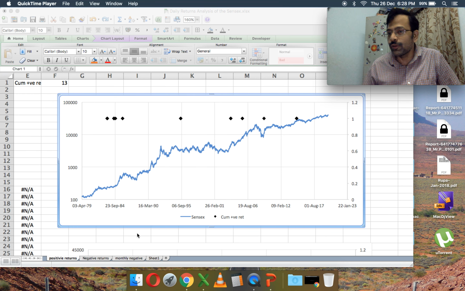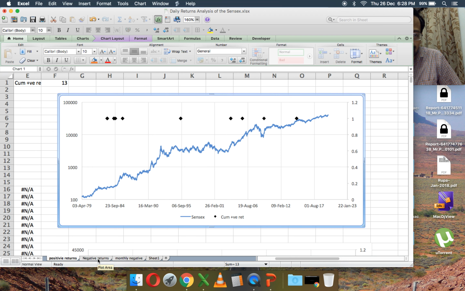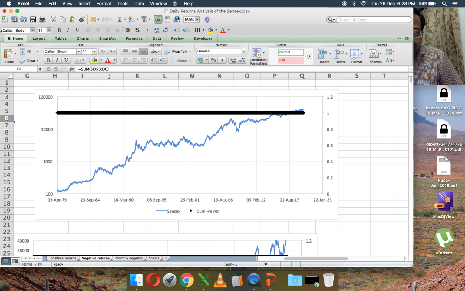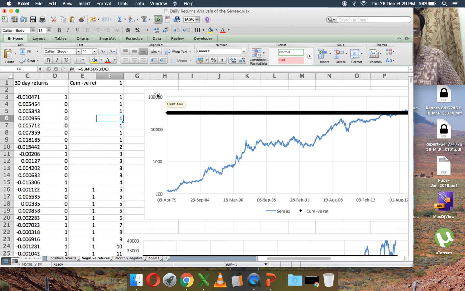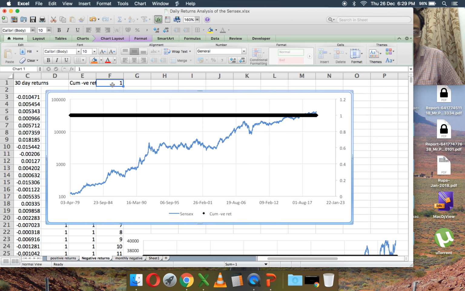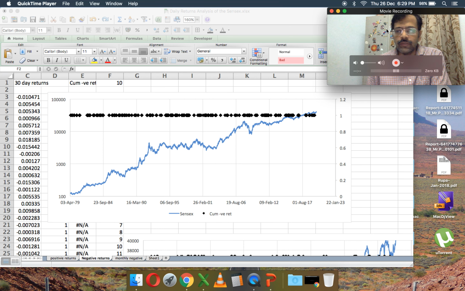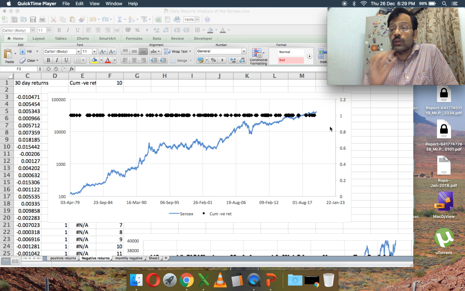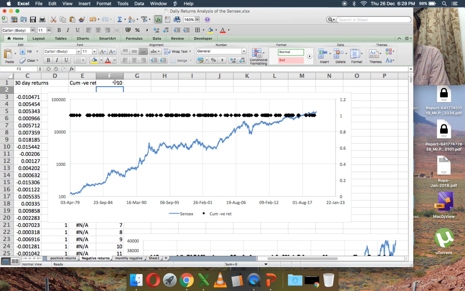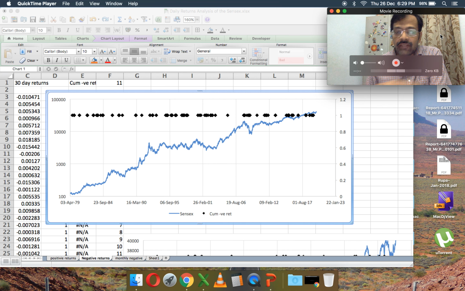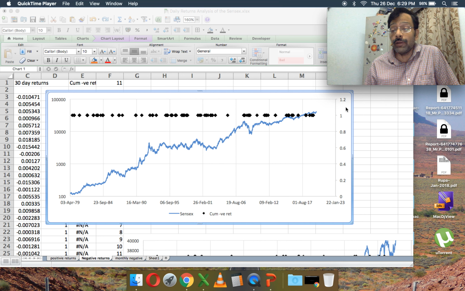Let's now try and do it for negative returns and see what happens. For the negative returns, I have to push this into the next scale, I think. Again, up to 10 days, you should be able to get a lot of periods. This means the number of times 10 out of 14 days were continuously negative. That's a losing streak. Then you have 11, and there are still so many instances where 11 out of 14 days ended up as negative returns.